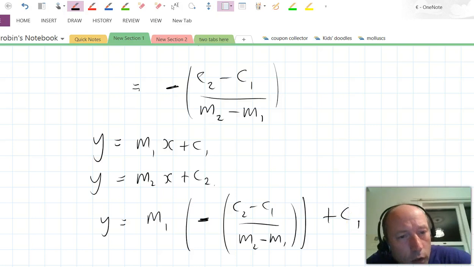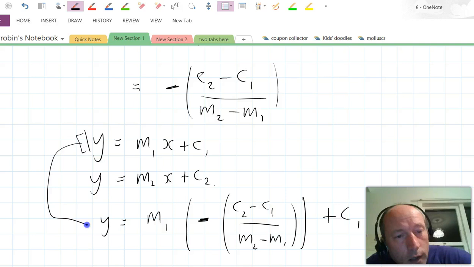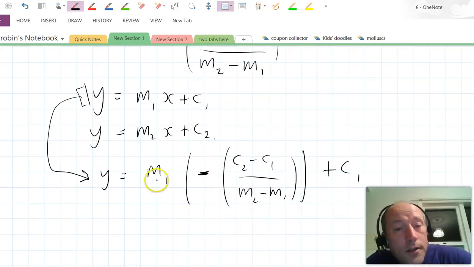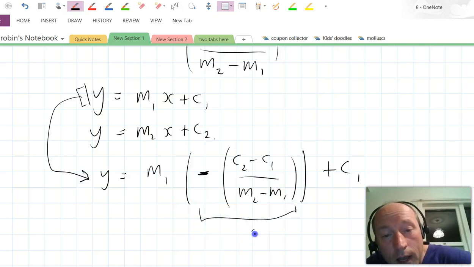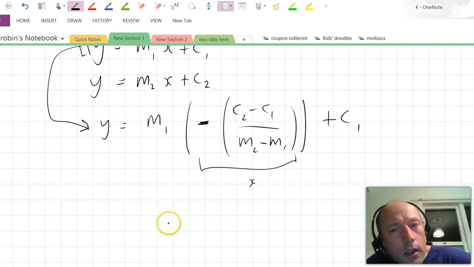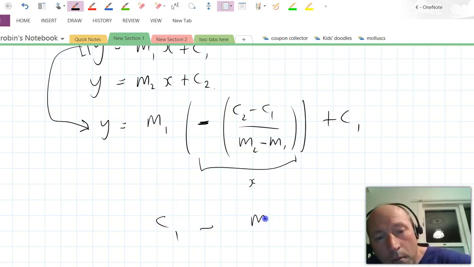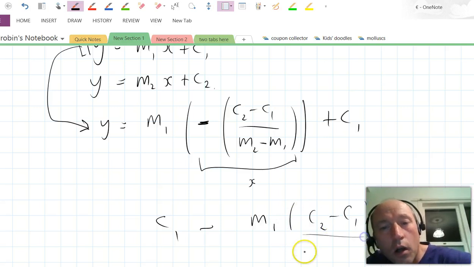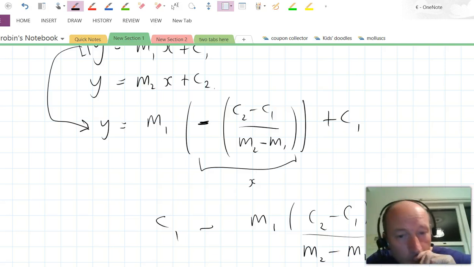I'll just check what I've got here. I've got m1. I'm using this formula here to get the value of y: m1x plus c1, and this thing here is x. So it's going to be c1 minus m1 times (c2 minus c1) over (m2 minus m1).